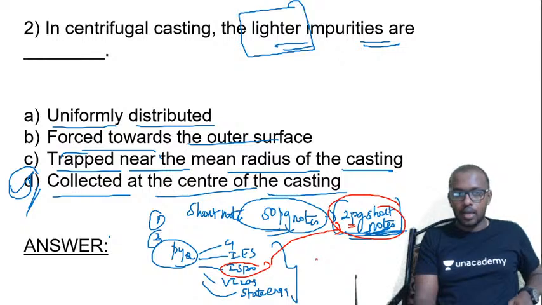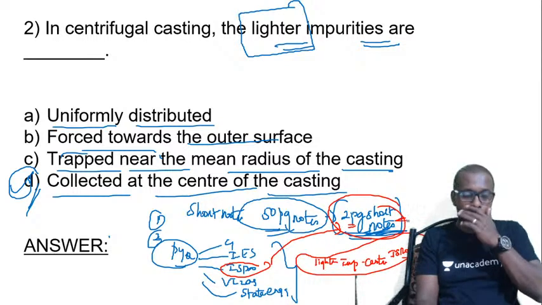Like in this question, lighter impurities collected at the center. This question was asked in ISRO 2013. Like that you have to write in the 2-page short notes.